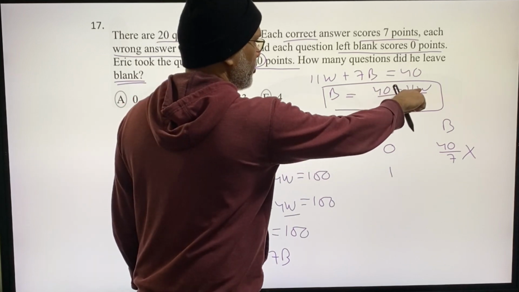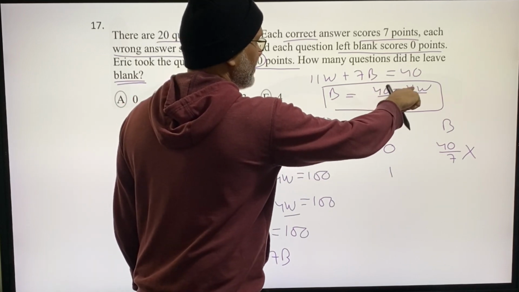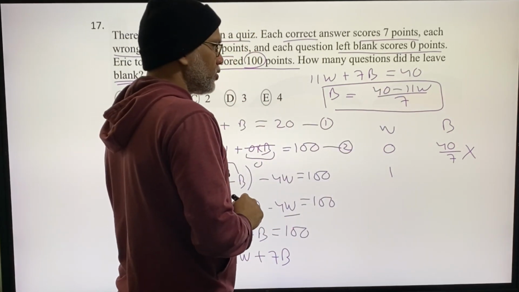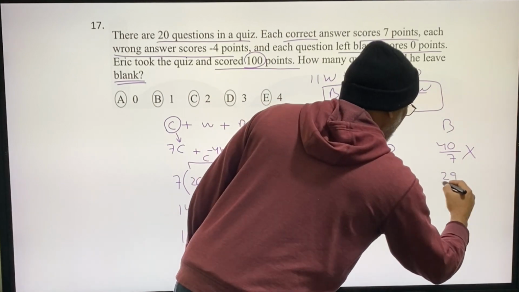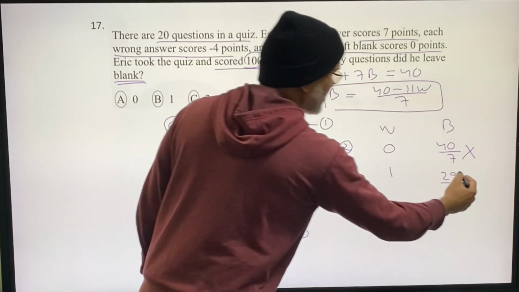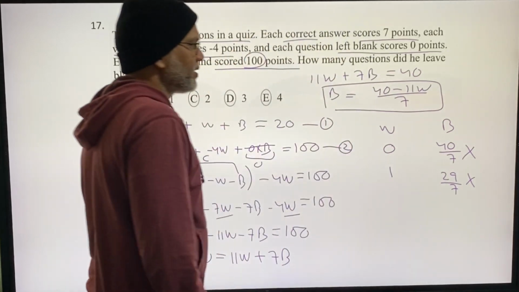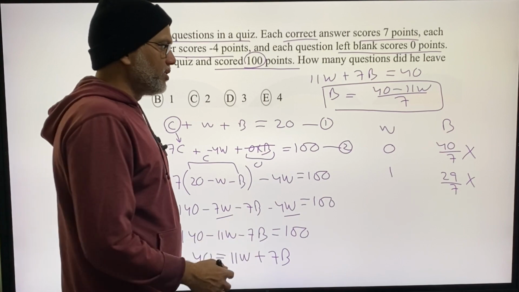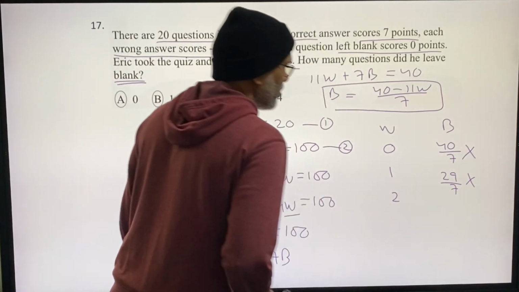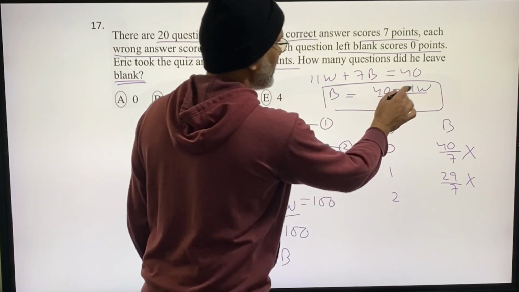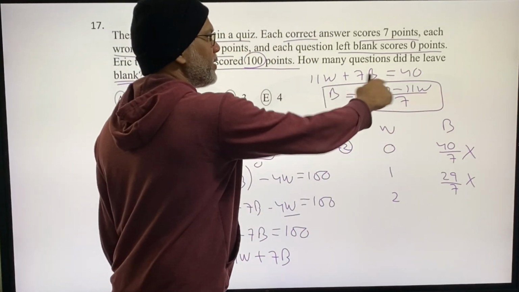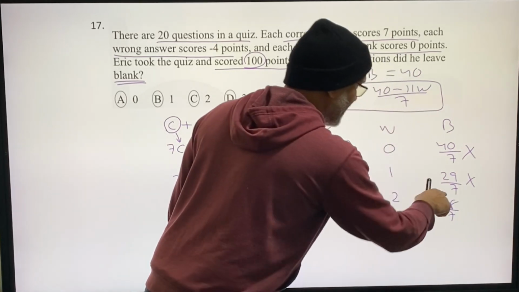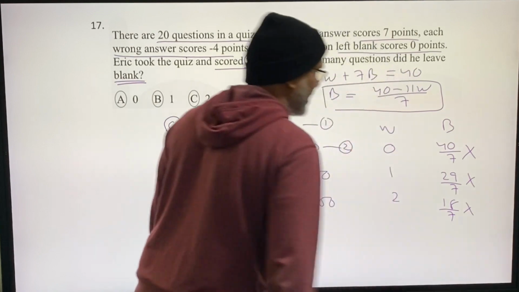Then 11 times 1 is 11, and 40 minus 11 is 29. 29 by 7 is again not divisible, so that cannot be a correct solution. How about 2 questions wrong? 11 times 2 is 22, 40 minus 22 is 18, and 18 is not divisible by 7, so this cannot be it.